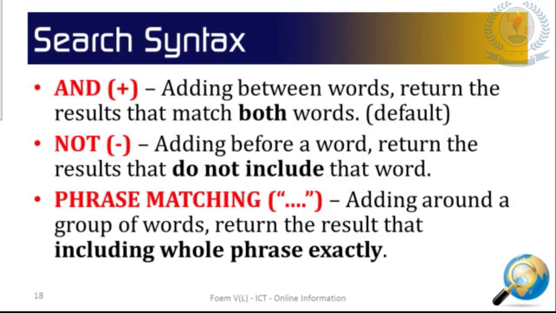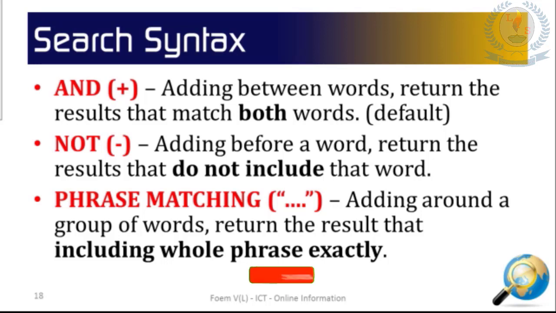The next one is search syntax, which we also call Booleans. AND, NOT and phrase marks are the main three search syntaxes you can use to find information effectively. Let's see. AND between words returns the results that match both words.